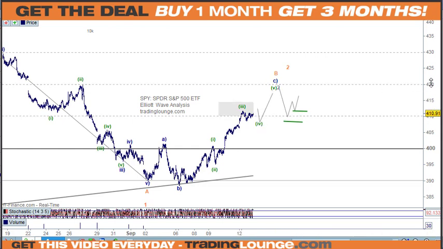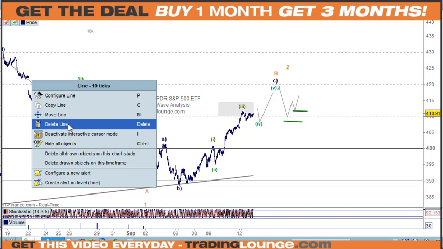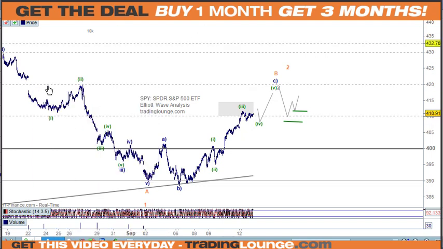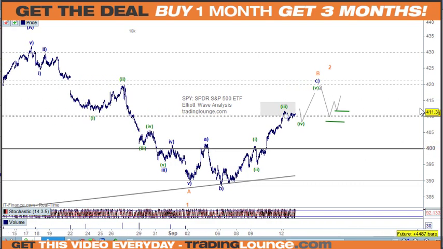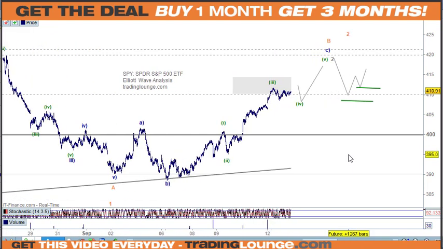Coming up to the 420, we talked about some other little zones in here, but the 420 is a bit of a glass ceiling for that market, and there's also a bit of a gap up here on the cash, on the SPY, that could be worth noting as well. So the main point here is that the market can move up further. So that's sort of where we're at, really.